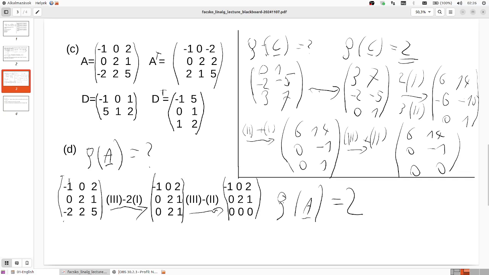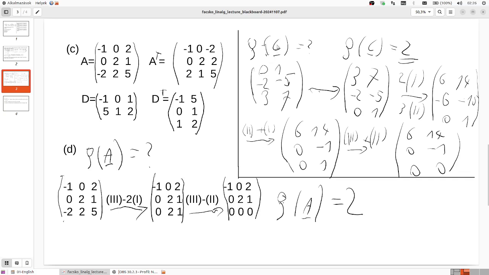Why do I do this? I want to put it into a trapezoid form. It means there is just 0 under the main diagonal. We do this operation, it is 0. Oh, that's suspicious. So I can subtract from the third row the 2. And I got this, it's 0, so the rank is 2, because there are only 2 nonzero rows in this matrix.